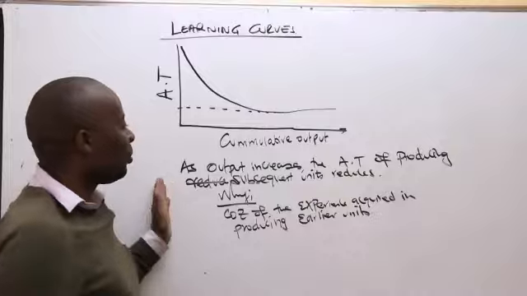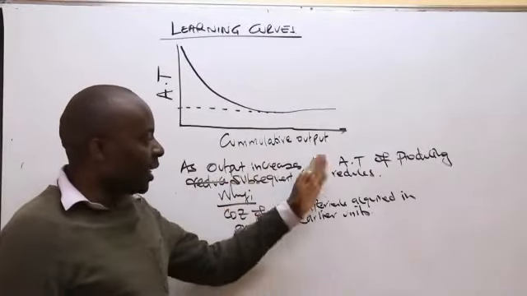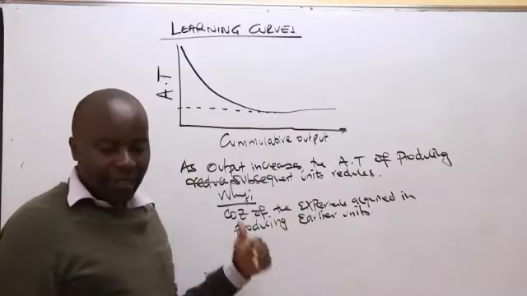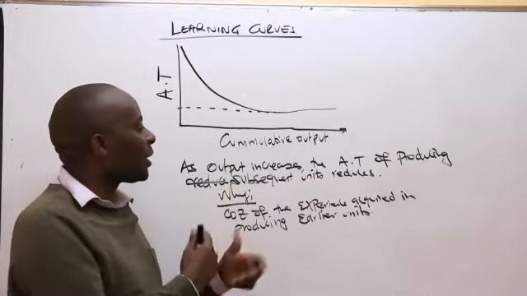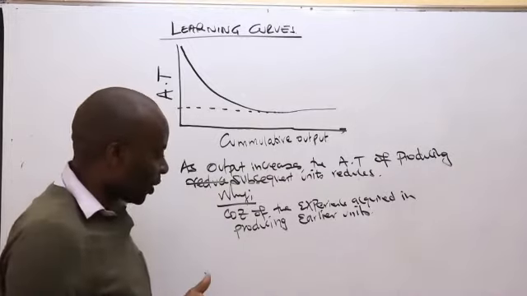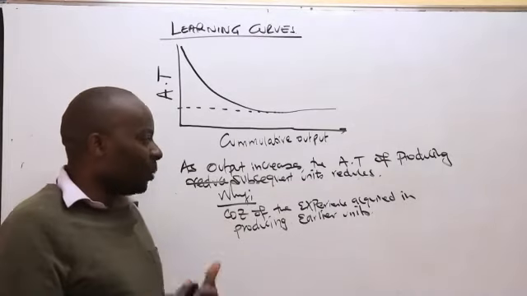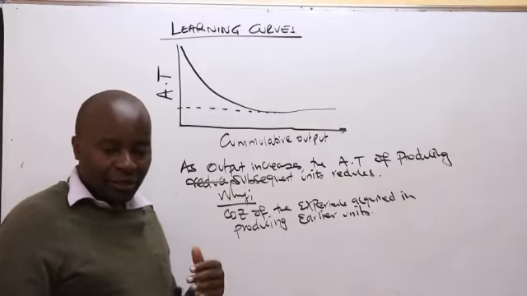So as output increases, as this cumulative output here increases, AT is average time. The average time of producing the subsequent units does what here? Reduces, because of the experience acquired in producing earlier units.